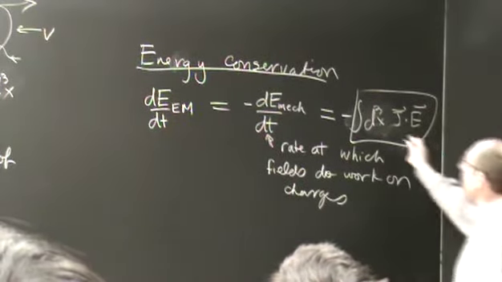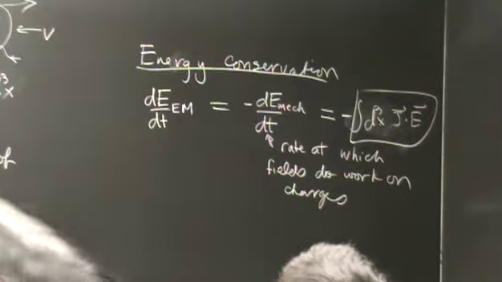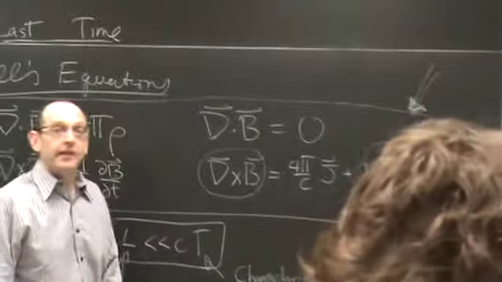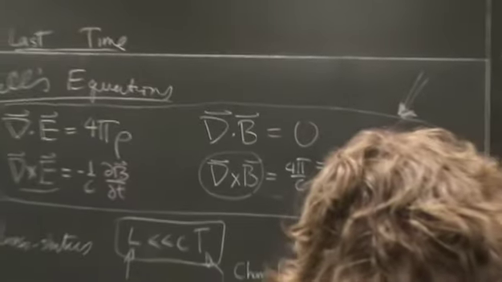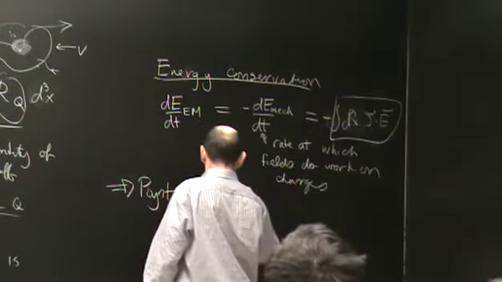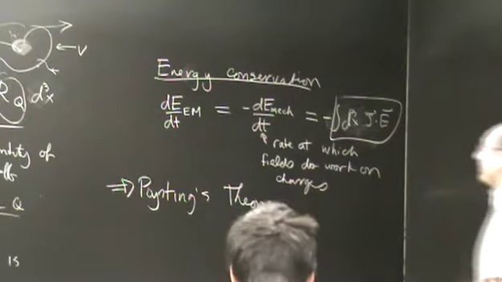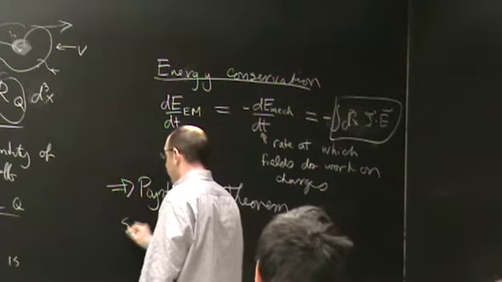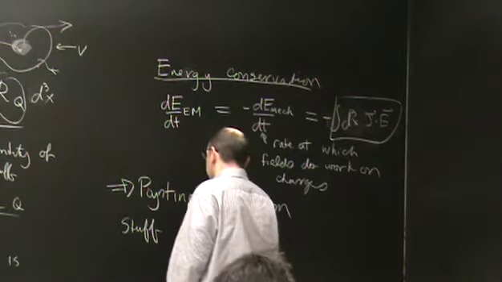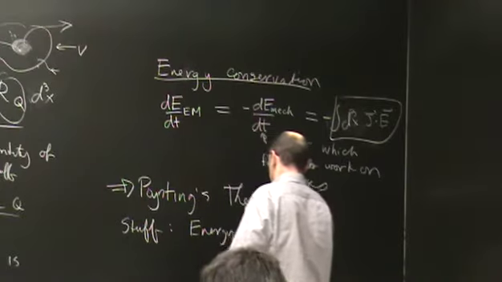So using Maxwell's equations, relating J to the local curl of B and the time derivative of E, and plugging that back into this expression, we arrive at Poynting's theorem. So Poynting's theorem tells us that the stuff is energy in the field.